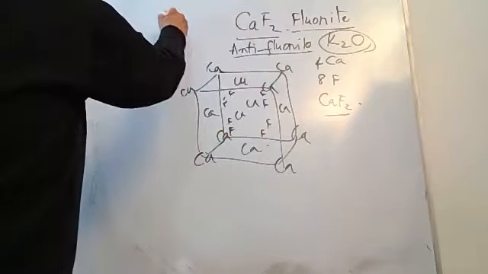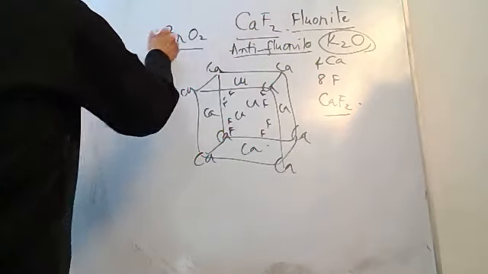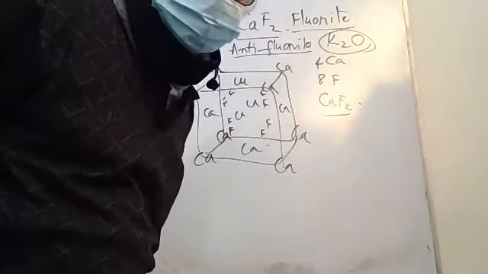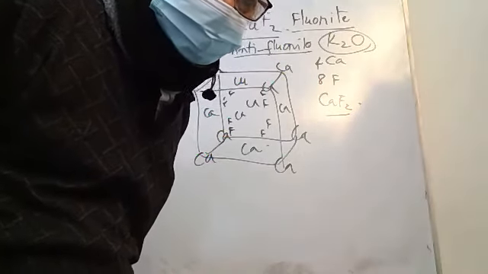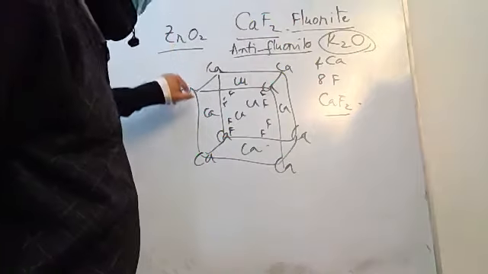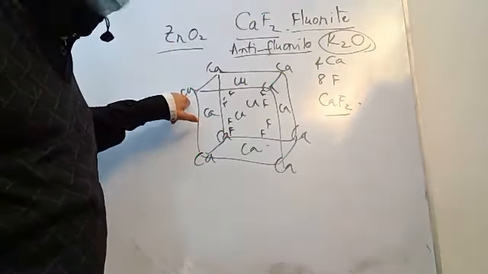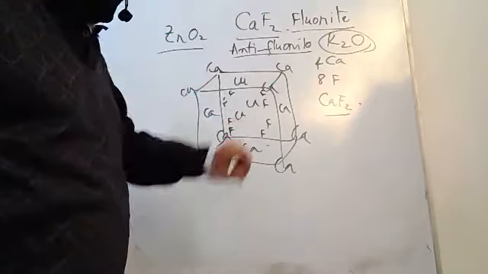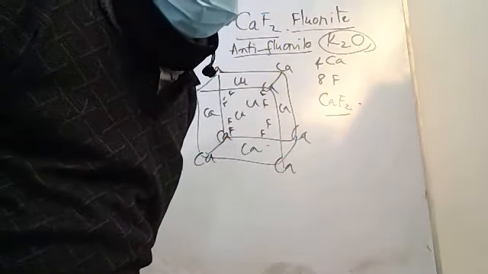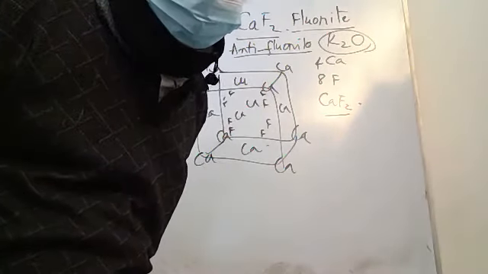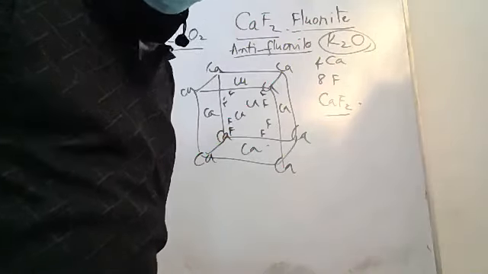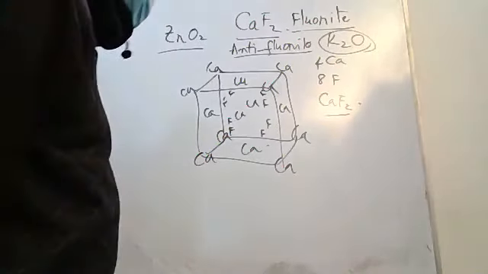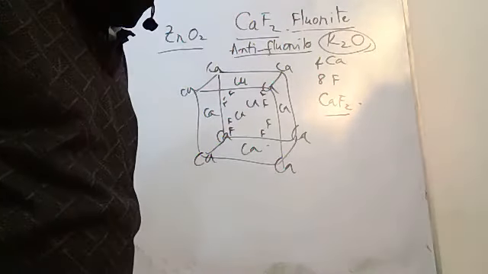Similarly, the compound zirconium dioxide adopts the same crystal structure, just like calcium fluoride. So the zirconium goes and sits on the calcium sites, and the oxygen sits in the tetrahedral holes. This compound is very important because this is used as an electrolyte for solid oxide fuel cells.